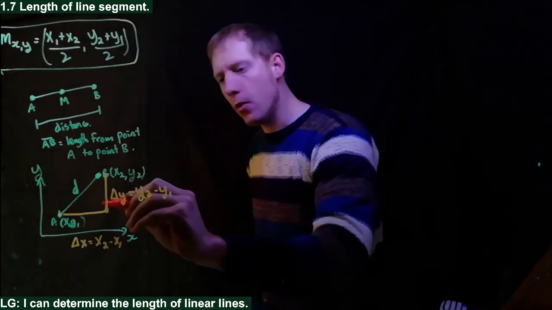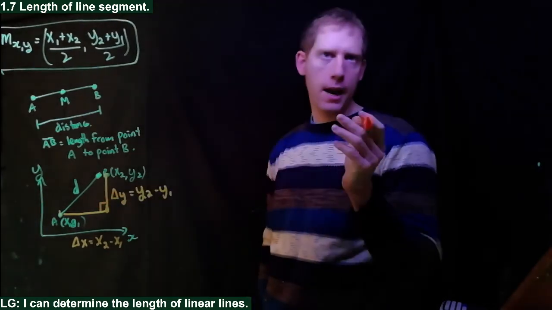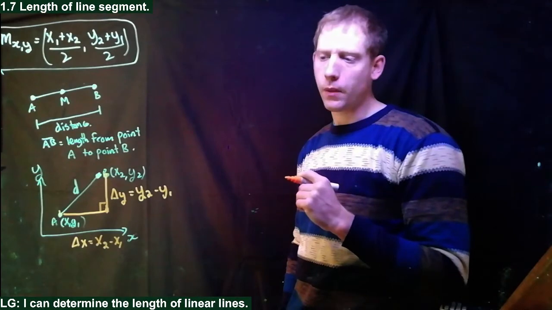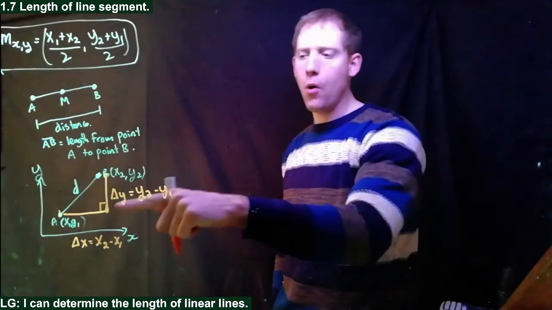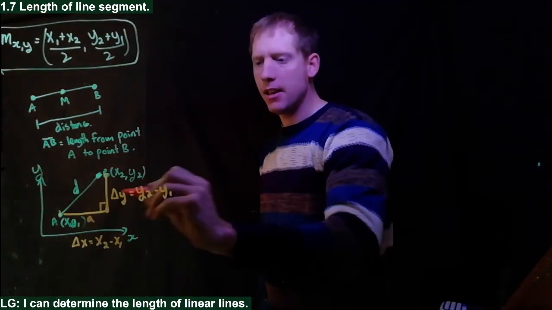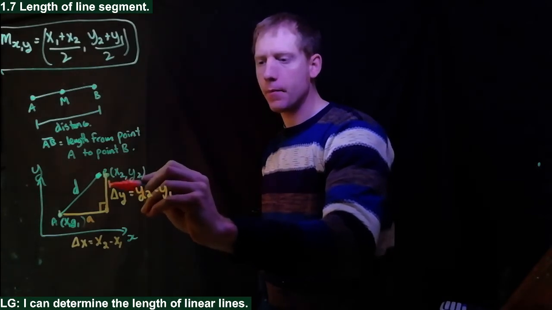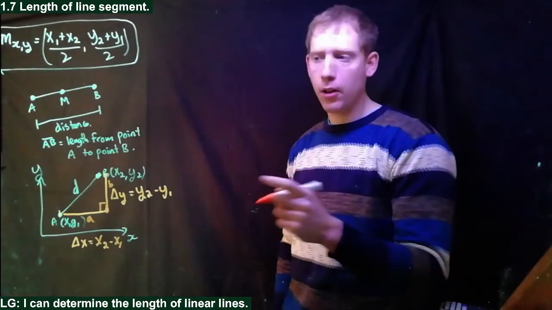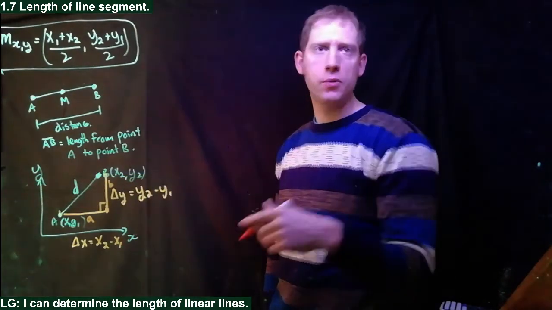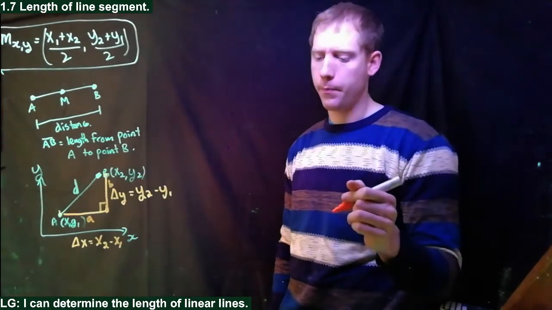What you will notice is this will make a right angle triangle. And if I know the base and the height of a right angle triangle, you can actually find the hypotenuse by using Pythagoras' theorem.